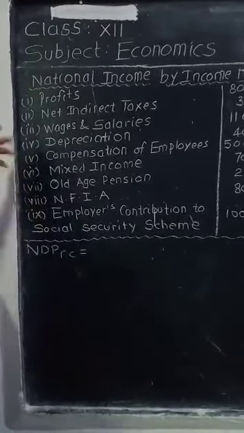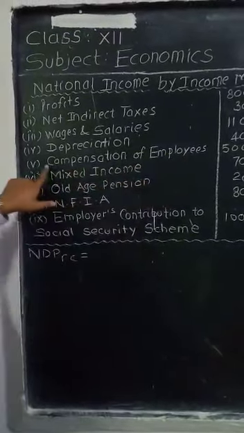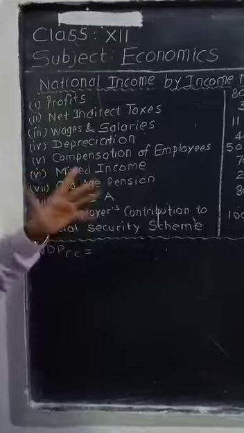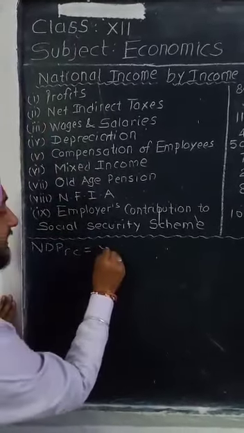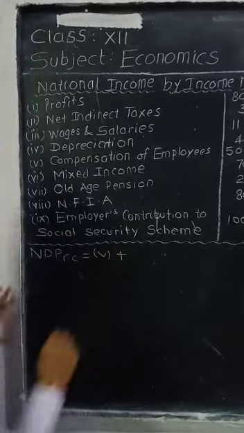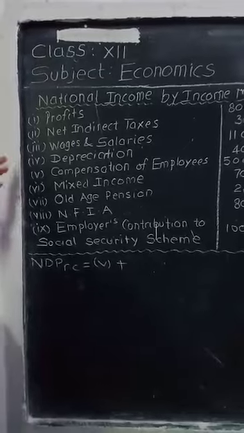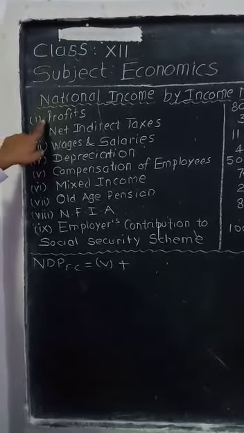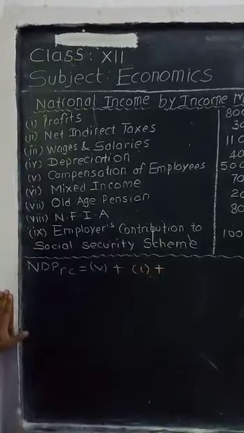Now you can see here, students, compensation of employees, the full head, is given, so there is no need to add wages and salaries again in that. So we will write it here as the 5th point, because compensation of employees is already given. Then in operating surplus we have rent and profits. Profits, the first point, will be added.